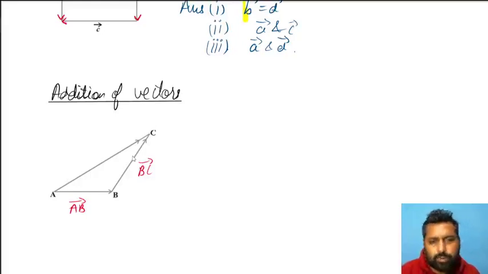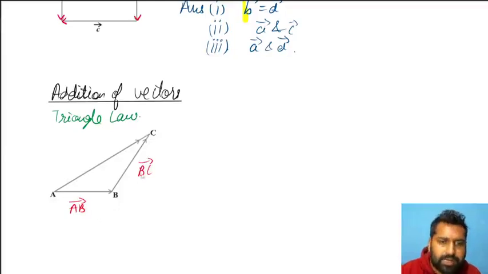Let's understand it for once, because some sort of conceptual question can also be created out of this. So first of all, this law is called triangle law of vector addition. You can see clearly why it is called triangle, because it's looking like a triangle.